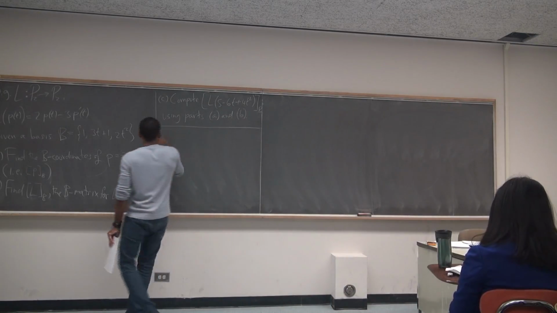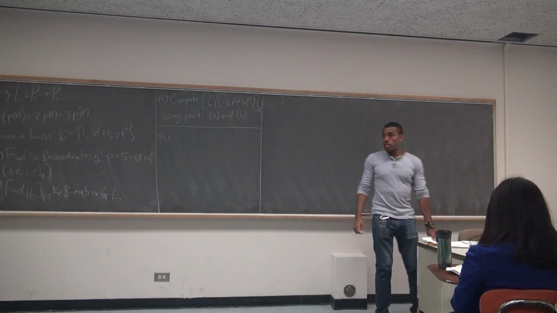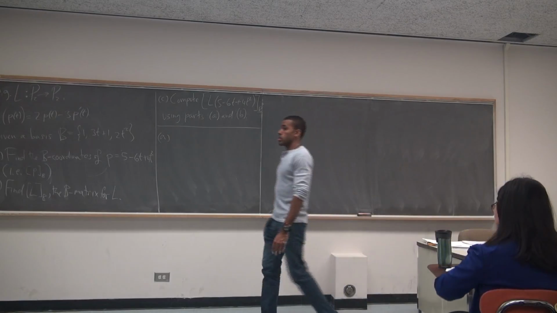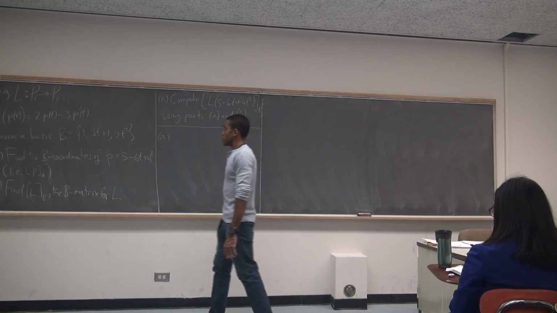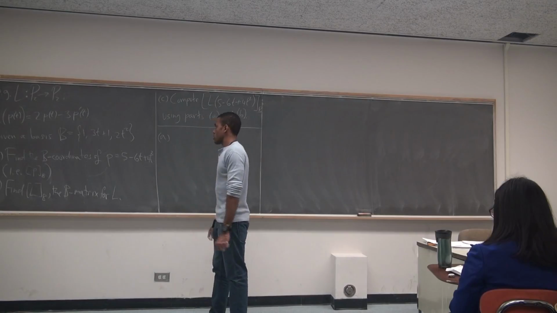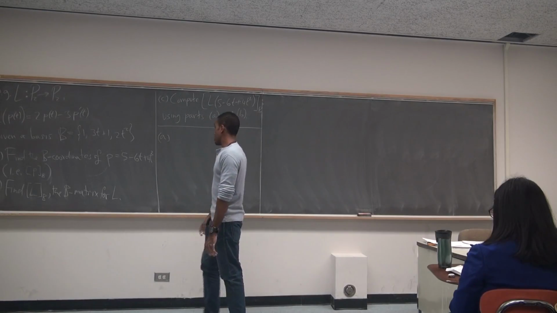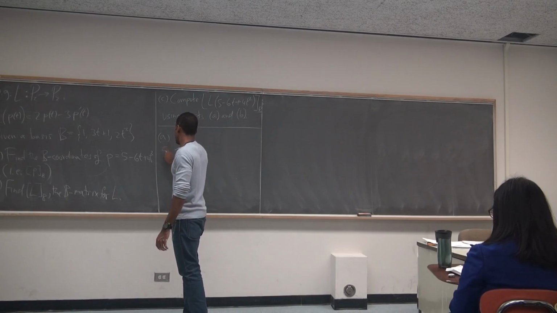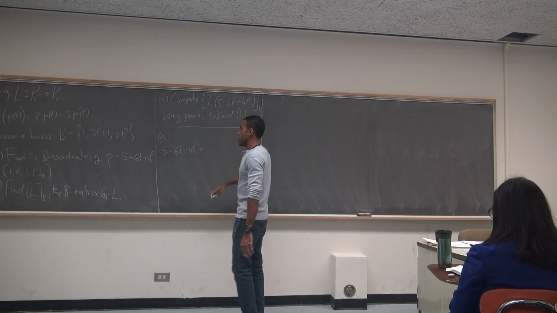Okay, how about A? How do you find the B coordinates of something? We call this 5 minus 6t plus 4t squared equal to k1 multiplied by 1 plus k2 multiplied by 3t plus 1, plus k3 multiplied by 2t squared. So you take this guy, and you want to write it as a linear combination of those guys.